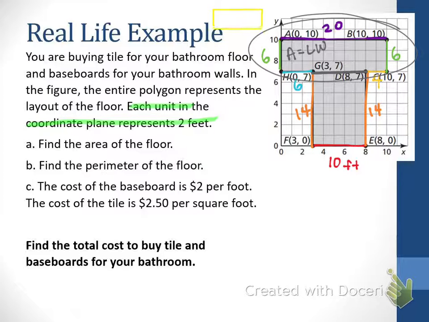Okay, in a box, it does not matter which one you call length and width, but you can either say length width or you could say width length. It does not matter, but I don't know where we're getting some of these numbers. 6 and 20. Length, width, or width and length, it does not matter.